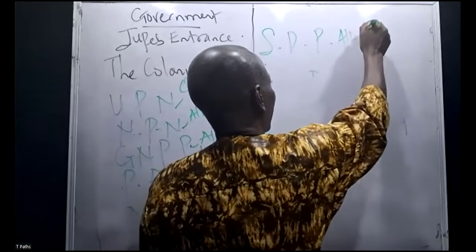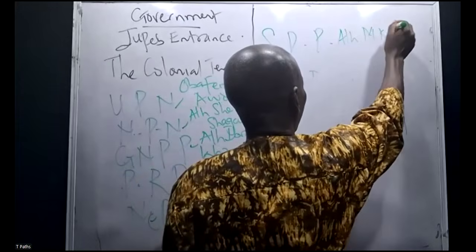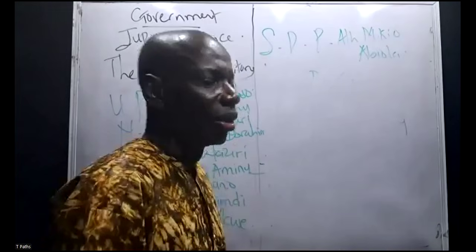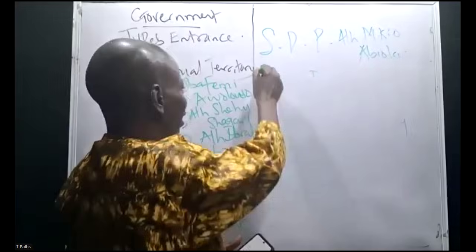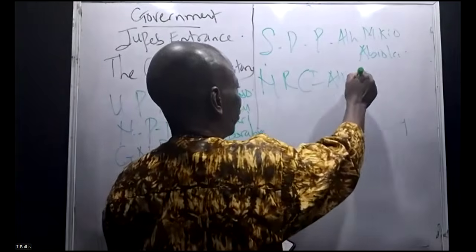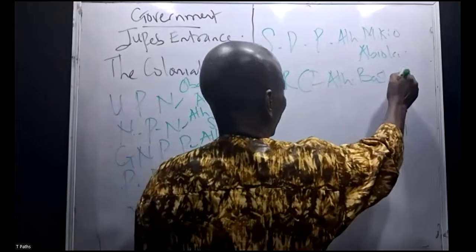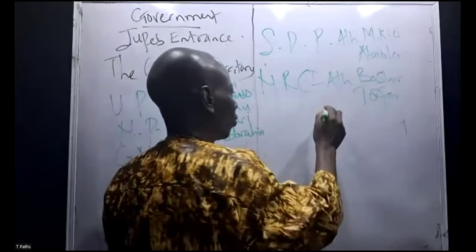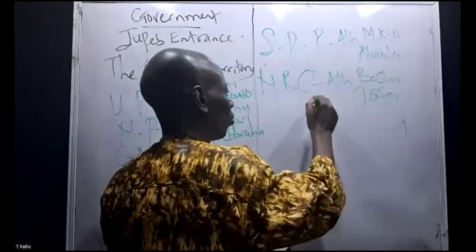Late Alhaji MKO Abiola. M stands for Moshood, K for Kashimawo, Abiola. While NRC, National Republican Convention, Alhaji Bashiru Tofa was the flag bearer. Meaning that Nigeria had a 2-party system.